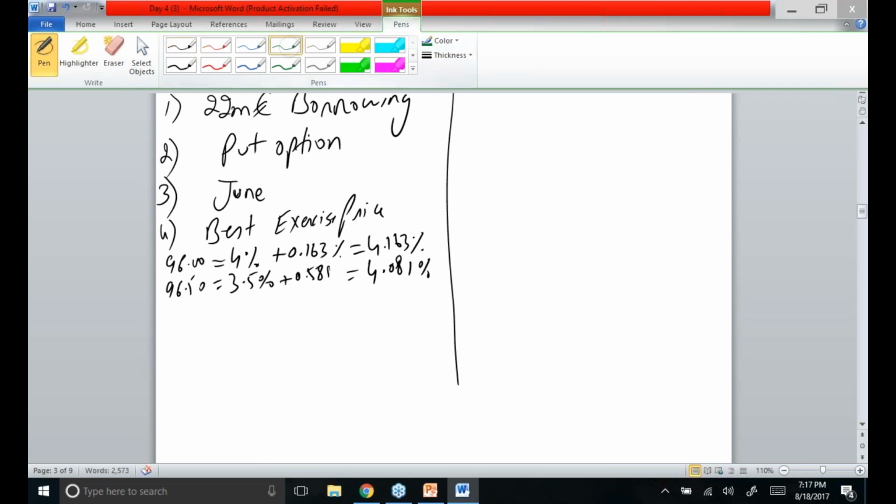So which one is cheaper? Definitely this one is cheaper. You will write the reason why you have chosen 96.50. So the best exercise price is 3.5%.